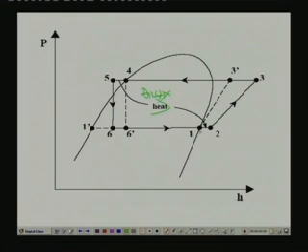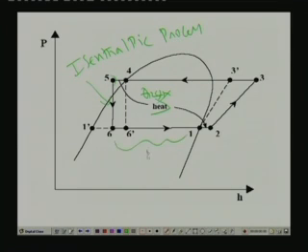Due to this, the refrigerant liquid temperature drops from 4 to 5, and the vapor temperature increases from 1 to 2. Point 5 is now in the subcooled region, and the process 5 to 6 is an isenthalpic expansion process in the expansion device, the throttling process. And 6 to 1 is the heat extraction in the evaporator at 7.2 degrees centigrade.